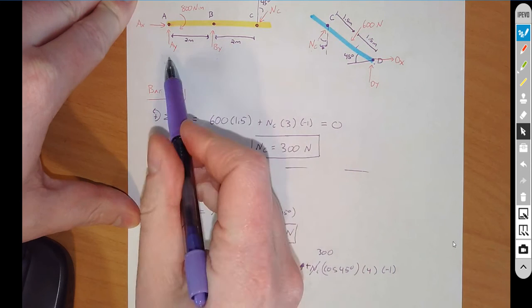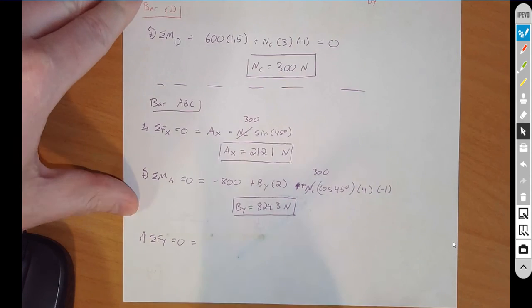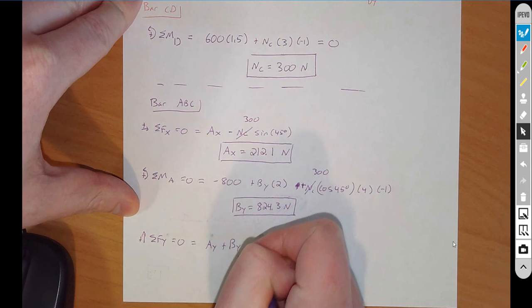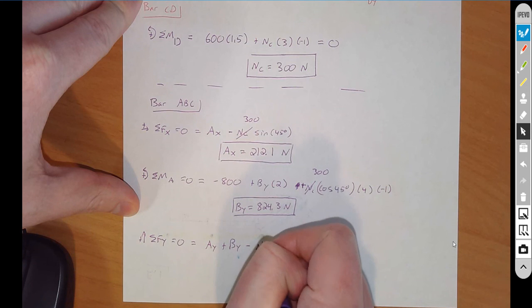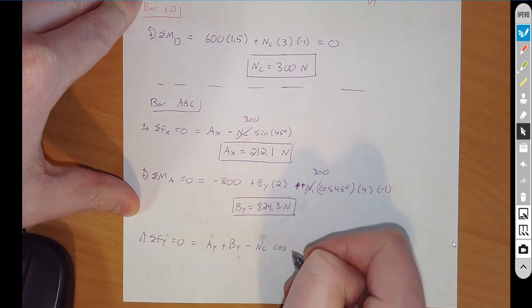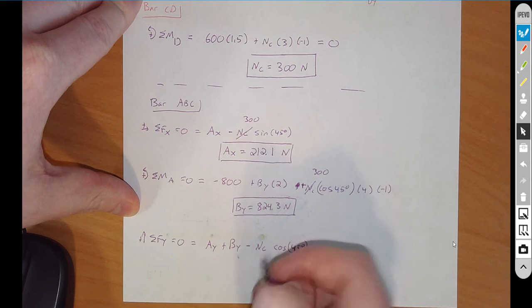So we will have AY, BY, and then the Y component of our normal. AY will be positive, BY will be positive, and then our normal at C will be negative, and we're going to use the Y component, which in this case is cosine, because we're going from the vertical, cosine of 45 degrees.